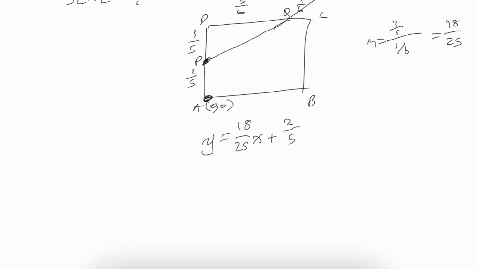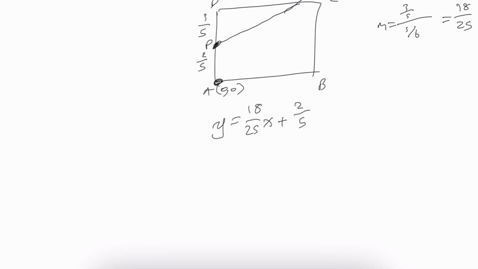And so, as we don't like fractions, let's multiply by 25, so that 25y is equal to 18x plus 10. And so I guess just making all the variables on one side, 25y minus 18x is equal to 10.